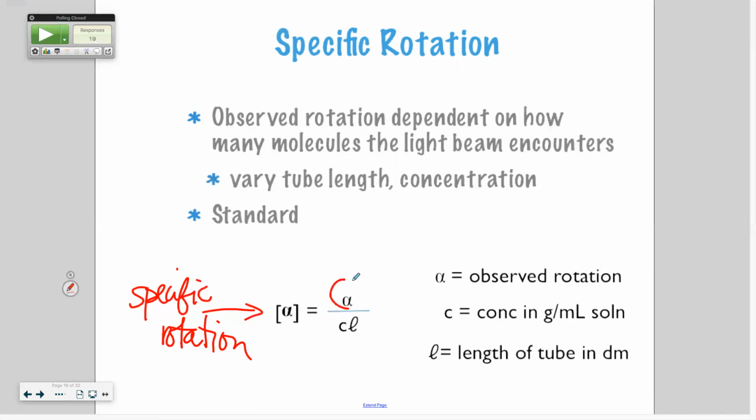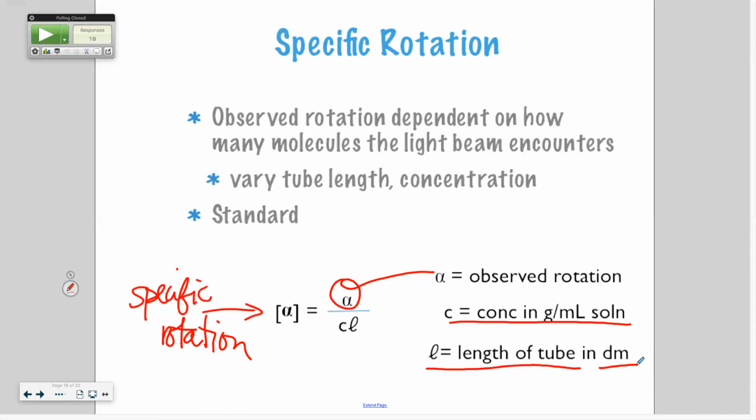Okay, this is the observed rotation. C is your concentration in grams per milliliter of solution. Okay, that's kind of a weird one. It's not molarity, it's gram per milliliter in solution, okay? And L is the length of the tube in decimeters.